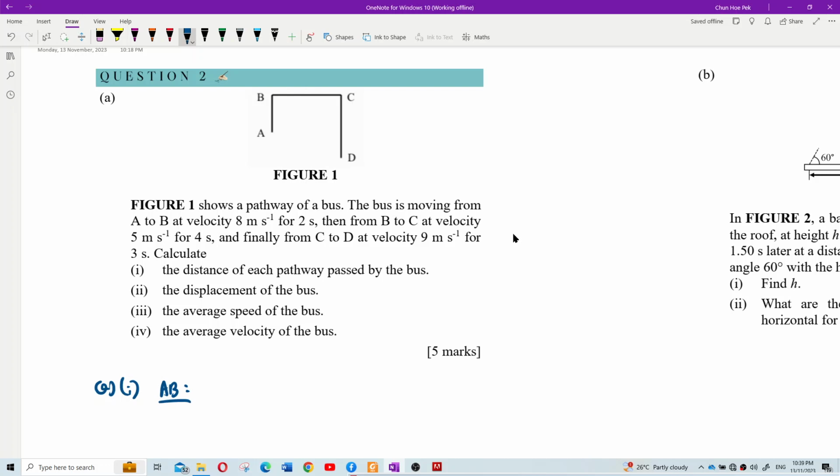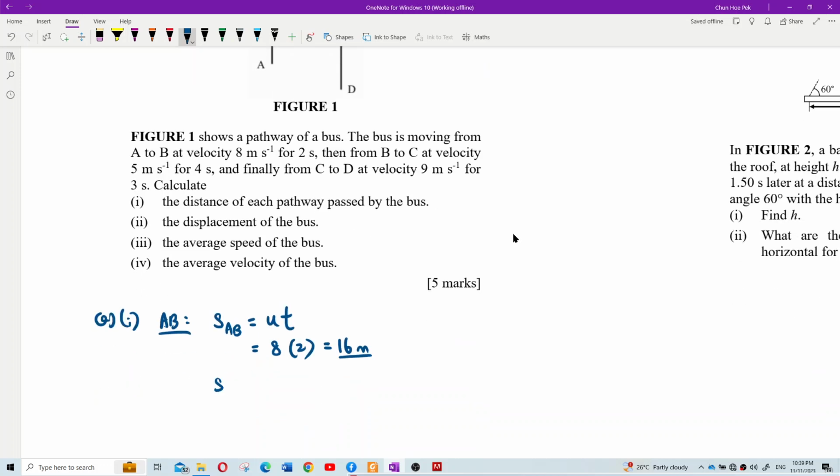AB first. Distance. So SAB will be equal to, just take the velocity multiply time. See, s equals ut, velocity times time. So 8 meter per second, SI unit, no problem. So this is 16 meter.